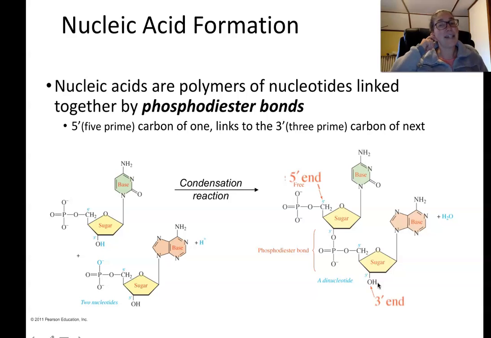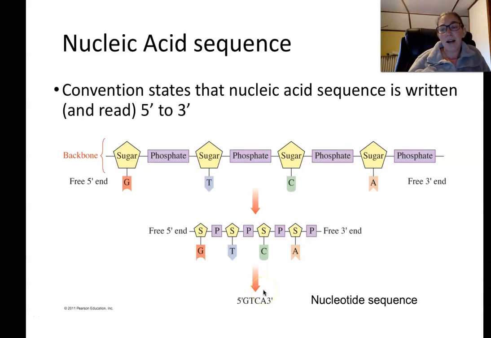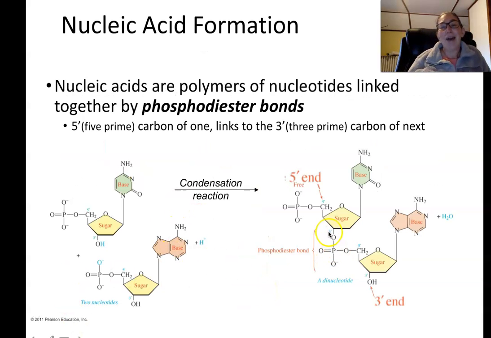I won't make you identify in a molecule which is the 5' and 3' end, but you do need to understand that when I say 5' to 3', I'm talking about the specific direction that we read the DNA in, just like we read English left to right, and we read protein sequences N to C, from the N terminus to the C terminus. It's also how nucleotides are linked together.